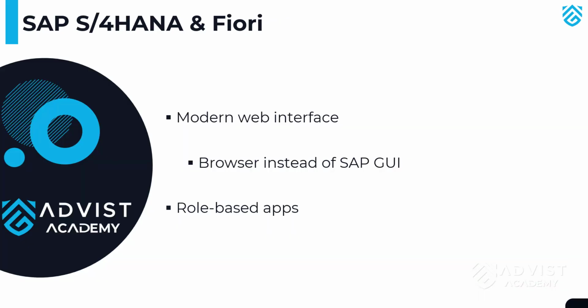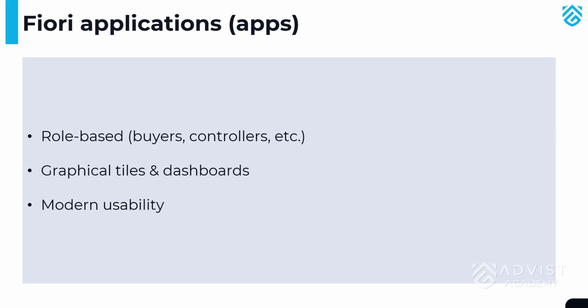However, with the introduction of SAP HANA and the new ERP generation S/4HANA, SAP has initiated a change. In addition to classic transactions in the graphical user interface, the concept of applications in SAP Fiori now plays a central role. Fiori is the modern user interface that runs in a web browser and is based on role-based apps.